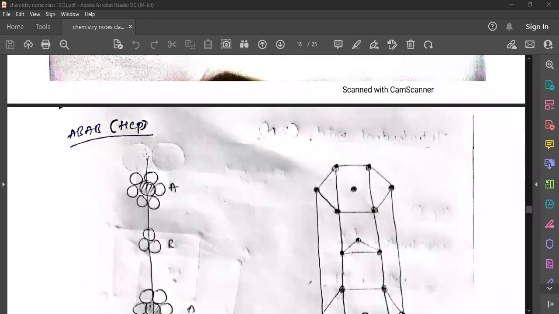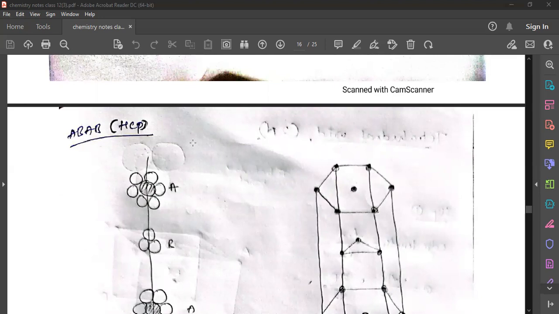Then in the case of three-dimensional, we got the two more structures. What is the octahedral void and what is the tetrahedral void? What is the close packing in a three-dimensional way? Please reply.